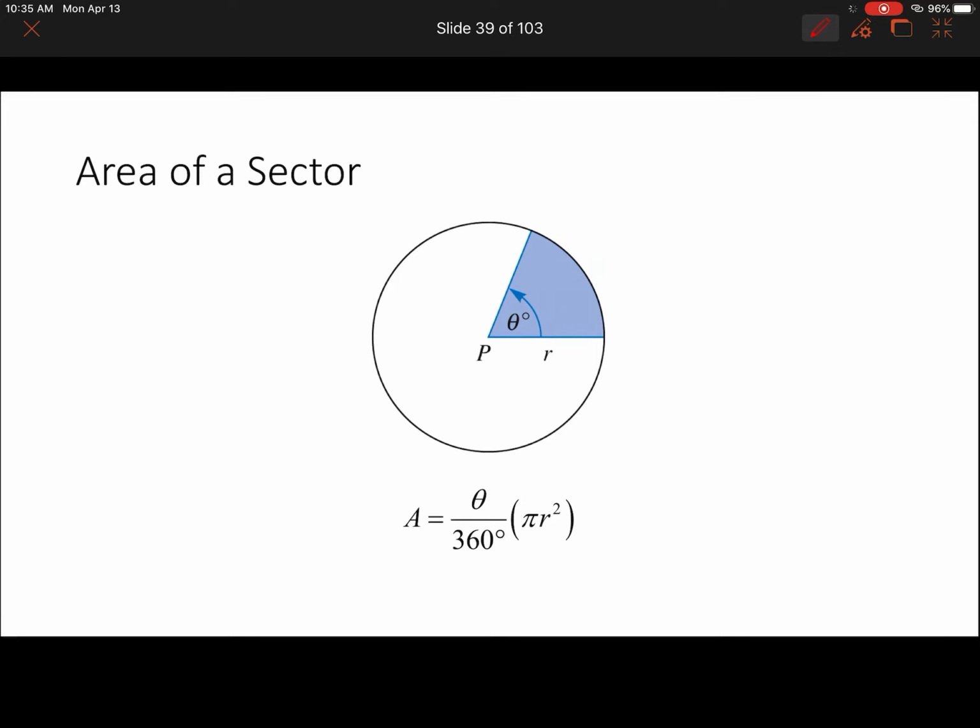Okay, and so if we know this theta, this angle measurement, and we know the radius, then we're probably going to be able to find the area of that section, of that piece of the pie or pizza, or however you want to think about that circle shape.